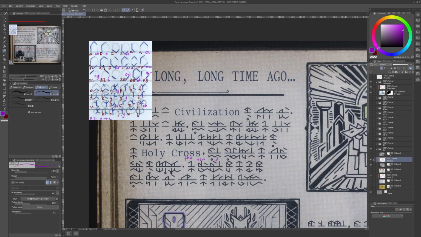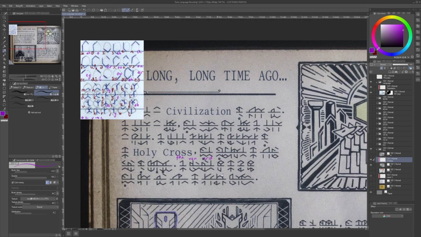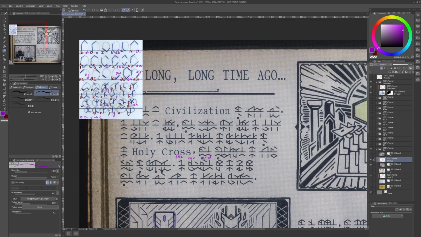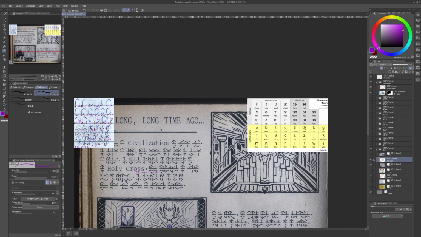Something the neared, probably. Then. Yeah, that's definitely duh. Is that like another N sound? Veneered.